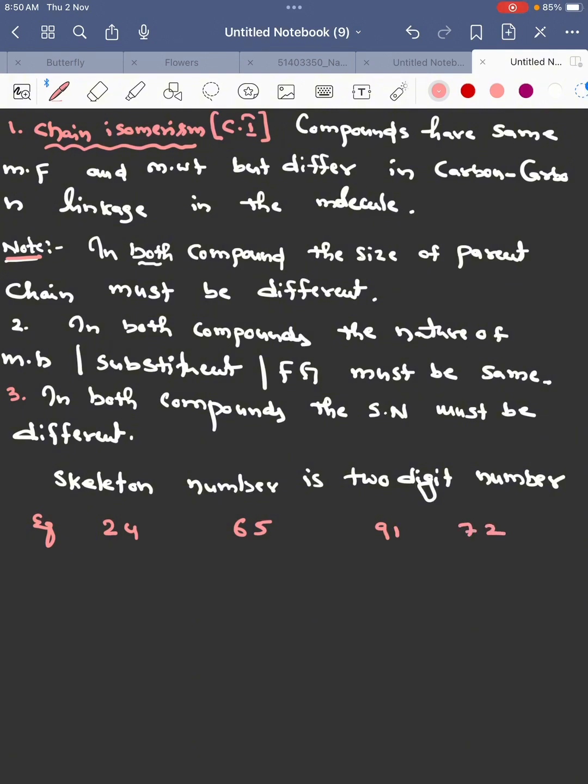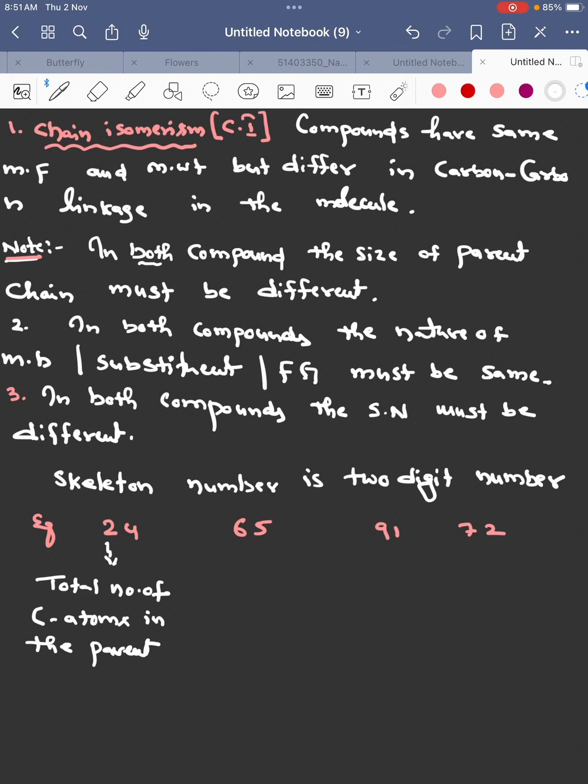It is a 2-digit number. See, the first digit represents the total number of carbon atoms in the parent chain.